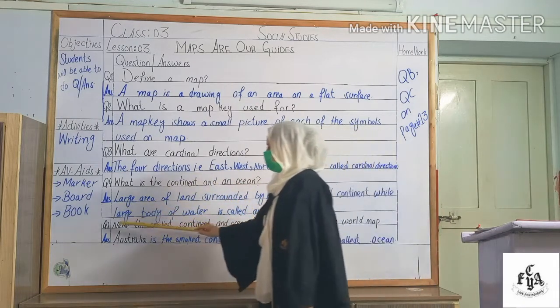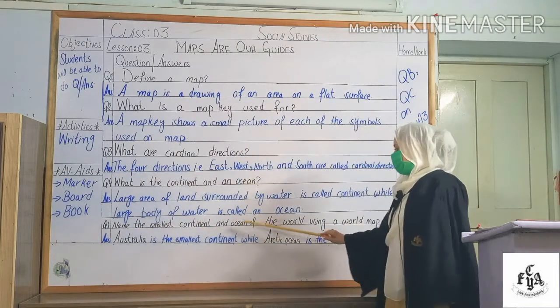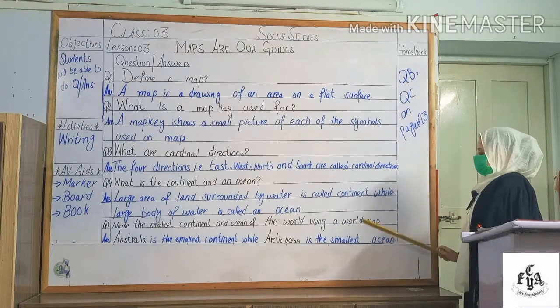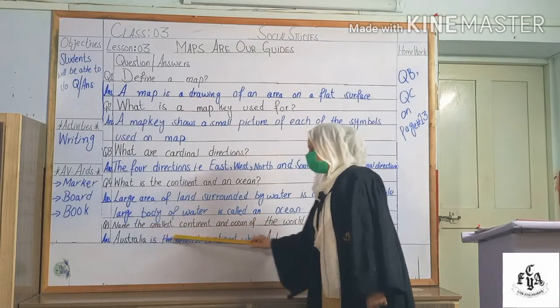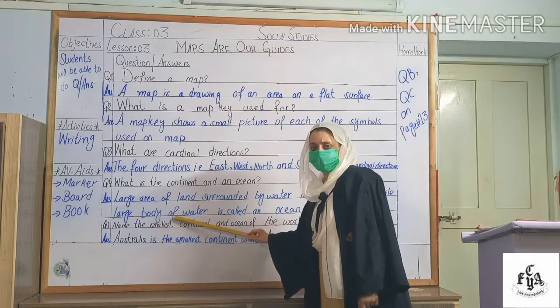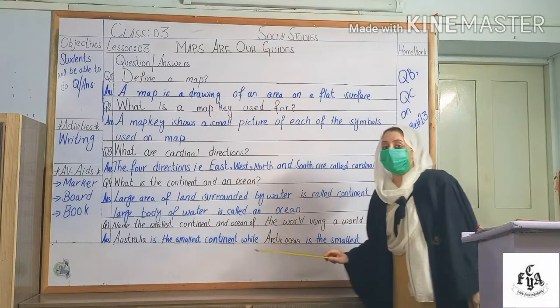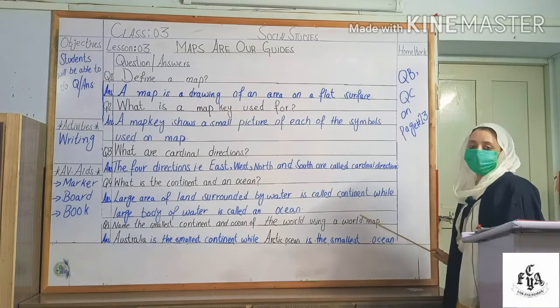The last question in your book is, name the smallest continent and ocean of the world using a world map. In this question you will have to tell what is the smallest continent of the world and what is the smallest ocean of the world. How can you find the answer? By using the world map.